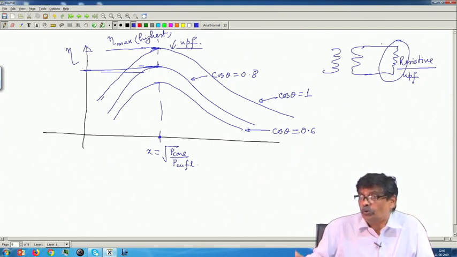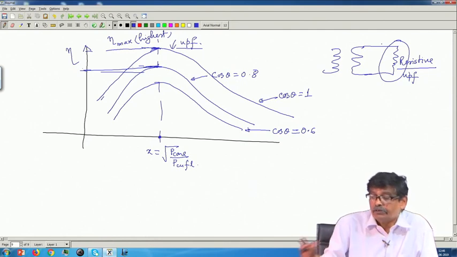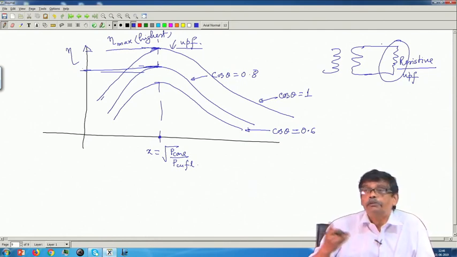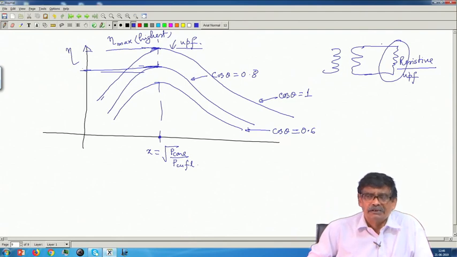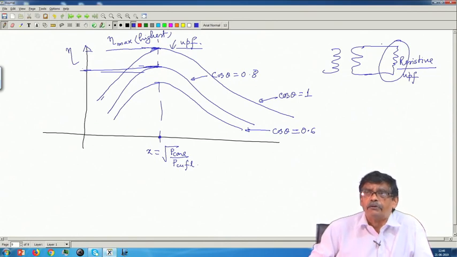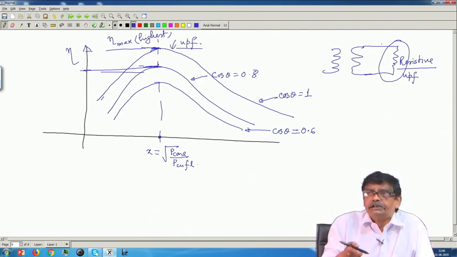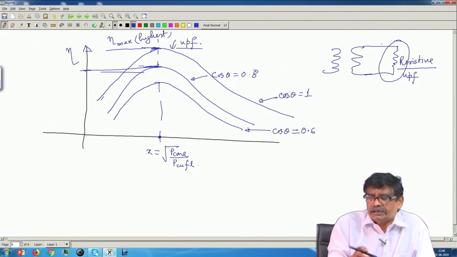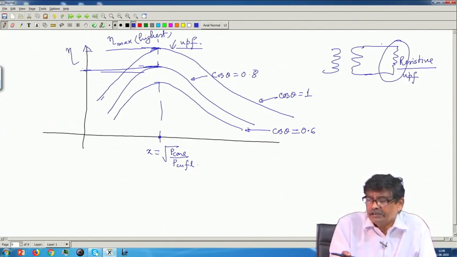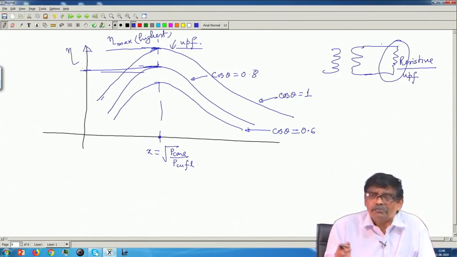And if your load power factor is below that, then the supply authority says that you will be penalized, because you are utilizing lesser power out of the total kVA you are drawing from the lines. Therefore, it is the condition imposed by the supply authority that you, the user of electricity, try to see that load power factor is not below this, maybe 0.8 say.